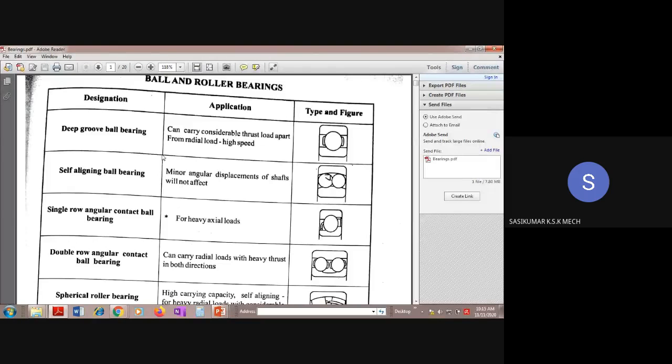So ball and roller bearings. These are all the classification and where it can be applied, that is also given, and the cross sectional figure of the respective bearings is also shown on the sides. Okay. So for example, if you take the first bearing, it is a deep groove ball bearing and it can carry considerable thrust load apart from radial load. So it is used for high speed applications. Okay. That type and figure is shown here.